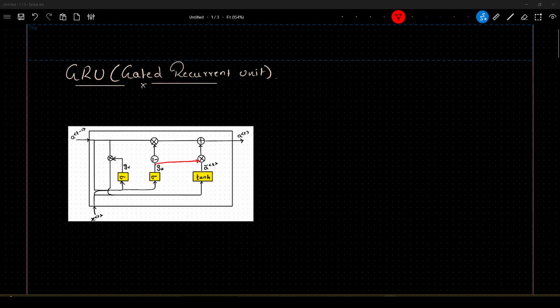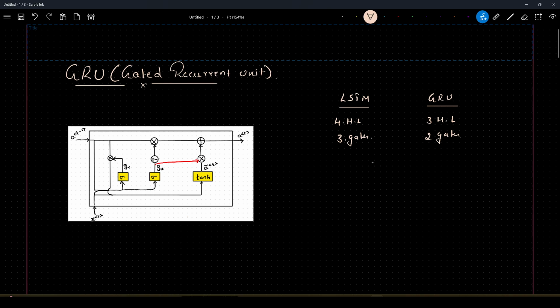For those who already know LSTM, you know that it has 4 hidden layers. Let me write some small comparison between LSTM and GRU. LSTM has 4 hidden layers, and how many gates does it have? It has 3 gates. GRU has 3 hidden layers and 2 gates.